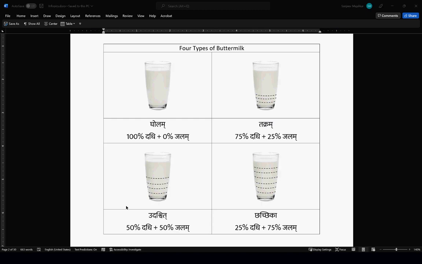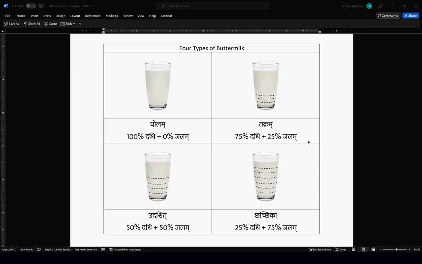So these are the 4 types of buttermilk. Which is the first one? Gholam, in which it is 100% dadhi, meaning curds or yogurt, and no water is added.